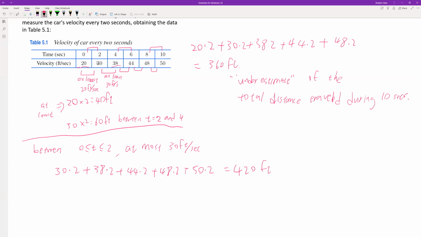Now this is going to be an overestimate, because we're taking the max possible speed within the 2 second period. Because we don't exactly know how fast the car is going between 0 to 2 or 2 to 4, any 2 seconds period, this is the only way we can estimate.